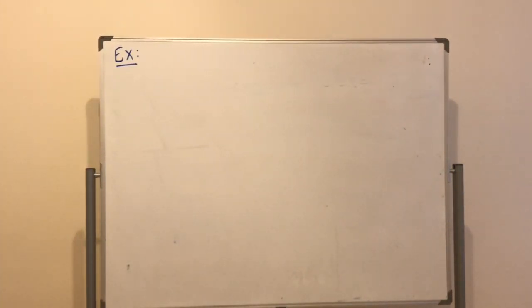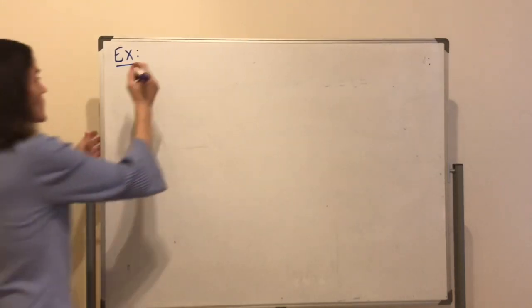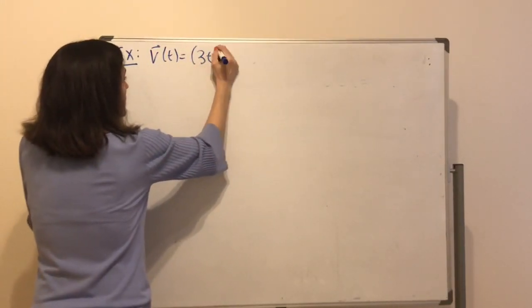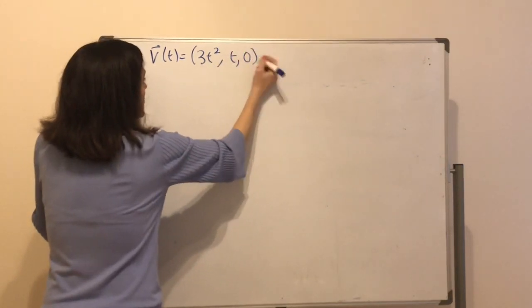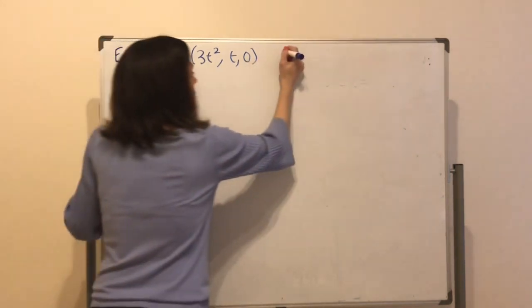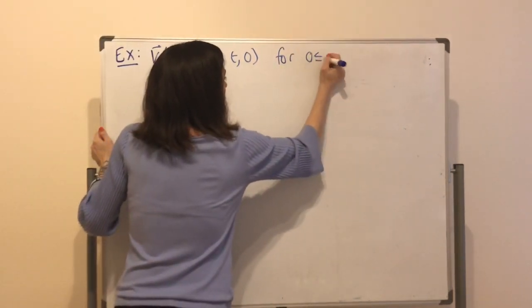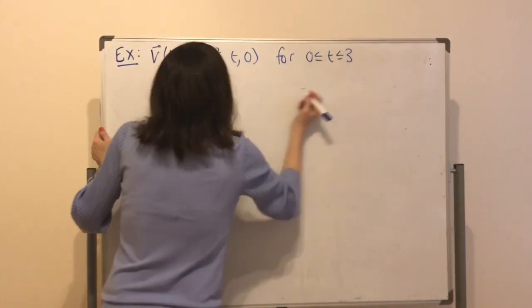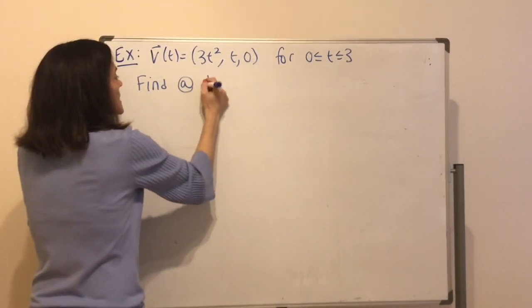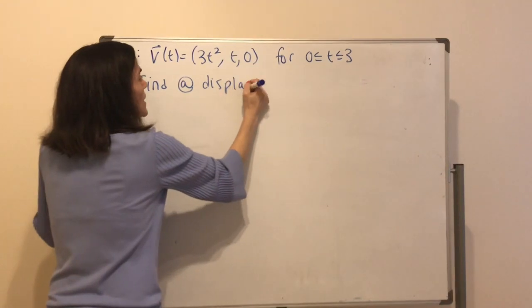Okay, so now we have the velocity is 3t squared, t, and 0, and this is between 0 and 3. And we want to find part A, the displacement, and part B, the distance traveled.